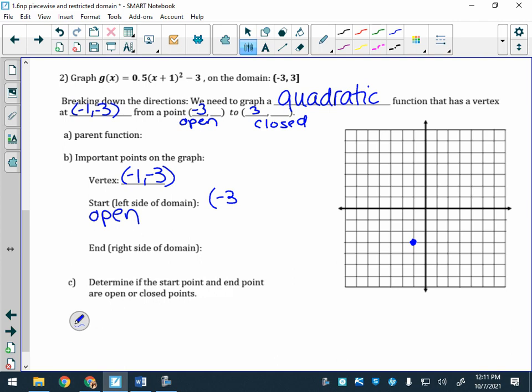Okay, what is our corresponding y value? -1. Good. Because 0.5 is what? 1/2, right? So 1/2 times 4 squared minus 3.